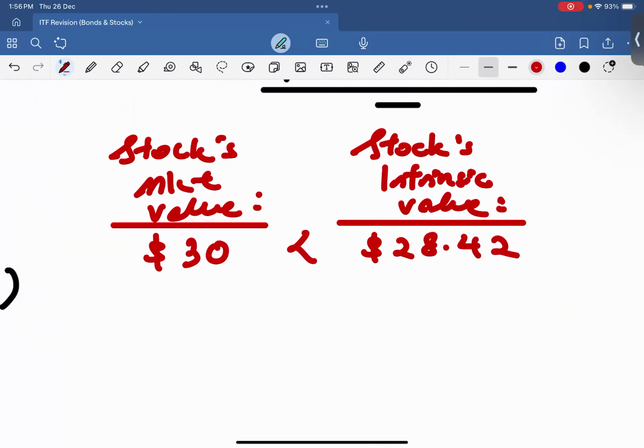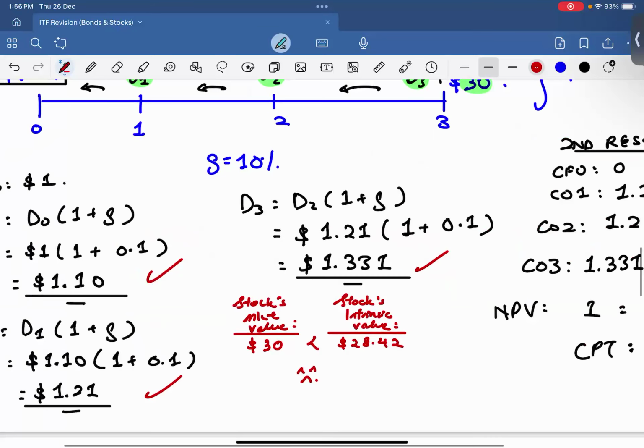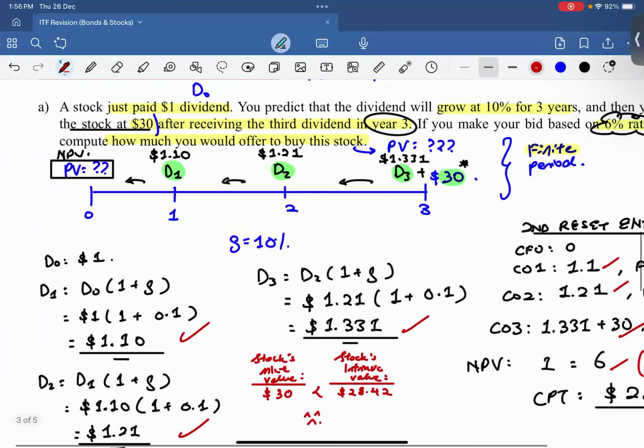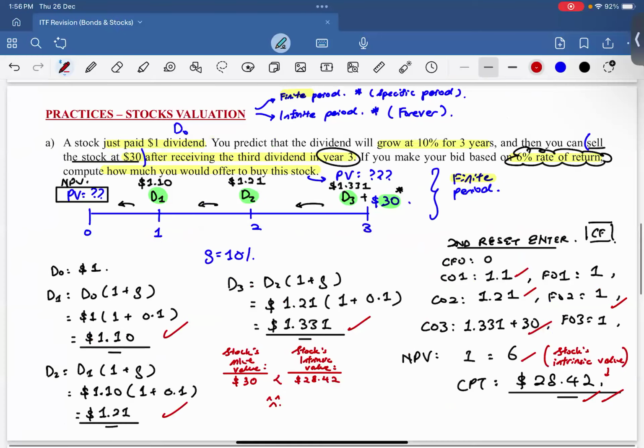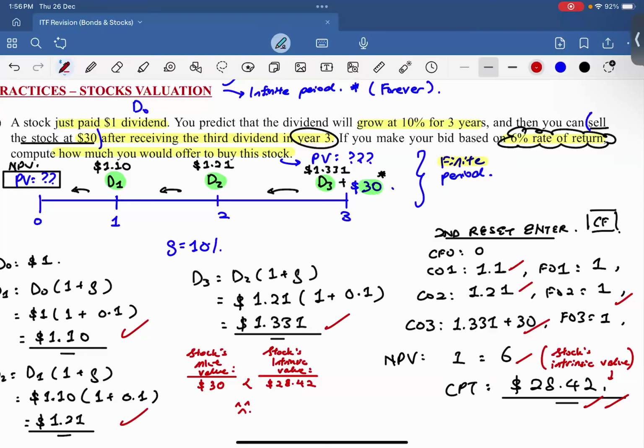So it's lower, right? So you will not buy, because the intrinsic value is lower than the market value, so it's not worthwhile. Unless the market value is lower than that, then only you will proceed. The market value is way higher, but the actual intrinsic value is only $28.42, so it is less worthwhile.